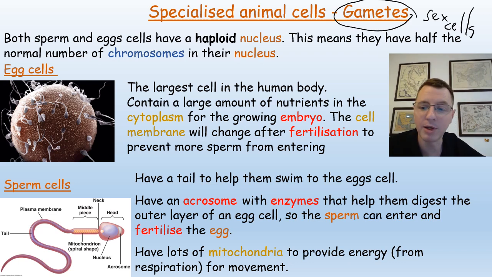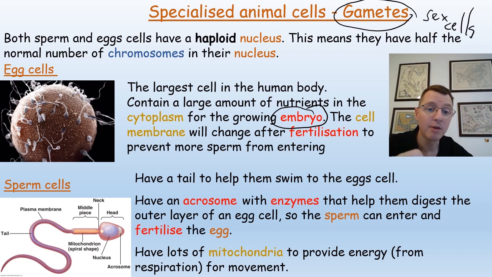Again, more on this when we get to the inheritance unit, but this means that they have half the normal number of chromosomes in their nucleus. Egg cells are the largest cell in the human body, and they contain a large amount of nutrients in the cytoplasm for the growing embryo. And the cell membrane is also highly adapted in that it will change after fertilization to prevent more than one sperm from entering.